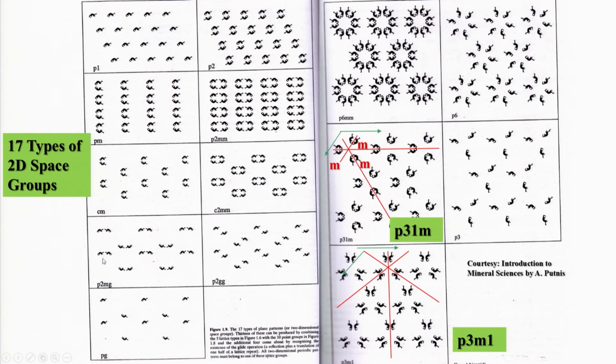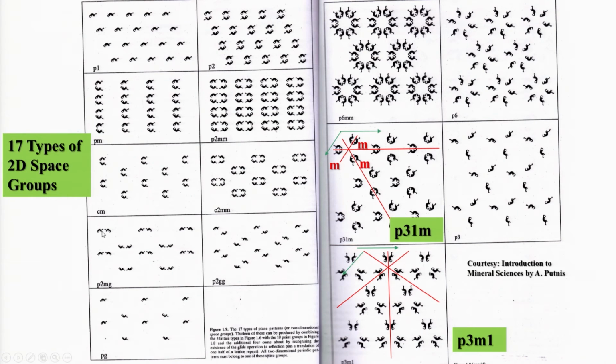This is the position of your mirror plane, because this after reflection is generated here, and this after reflection is generated here. In the same way, these two can be related to each other by a mirror plane passing through this orientation here. And if this is your mirror plane orientation, at an orthogonal direction you have a glide plane of this orientation.